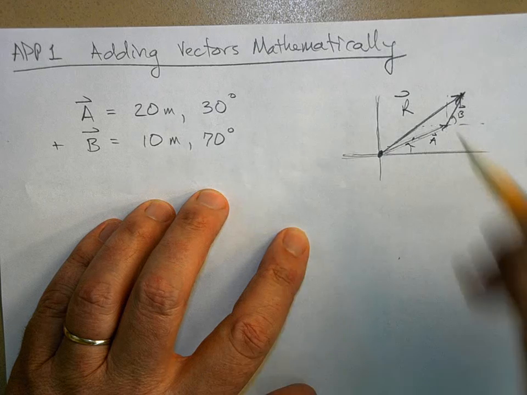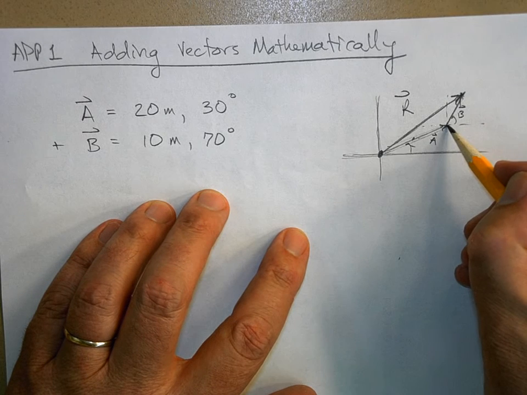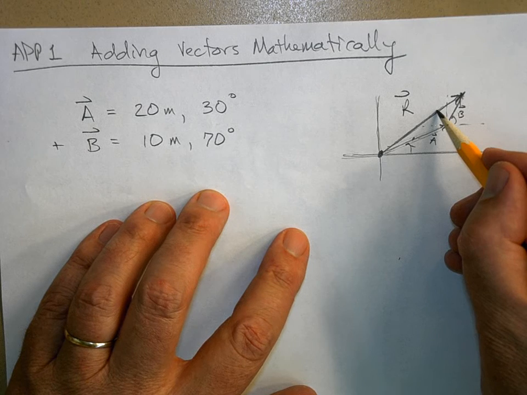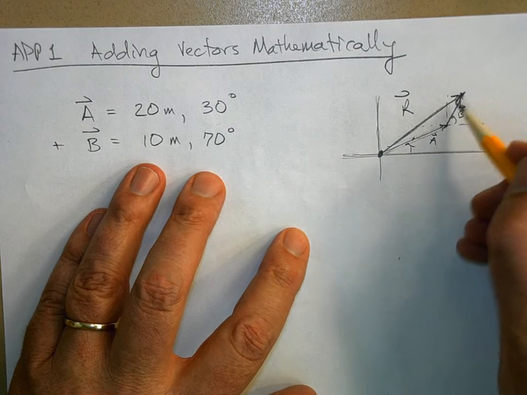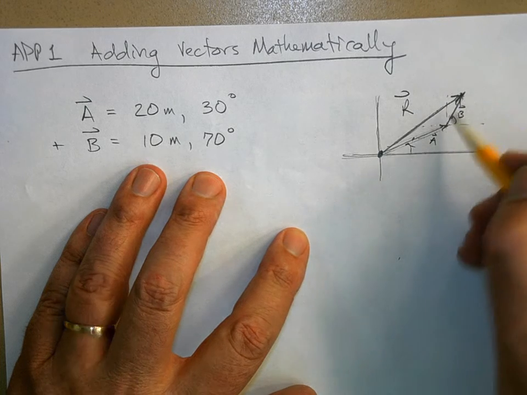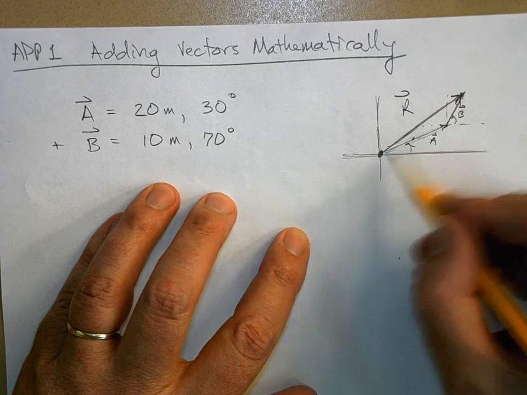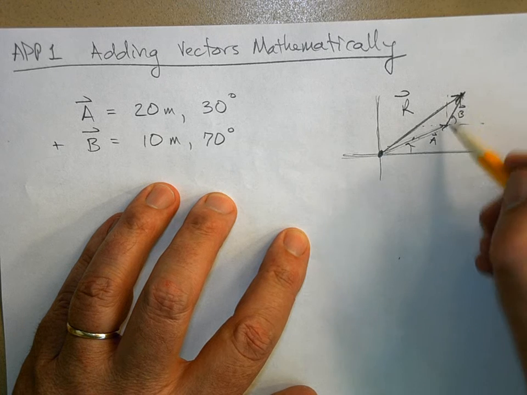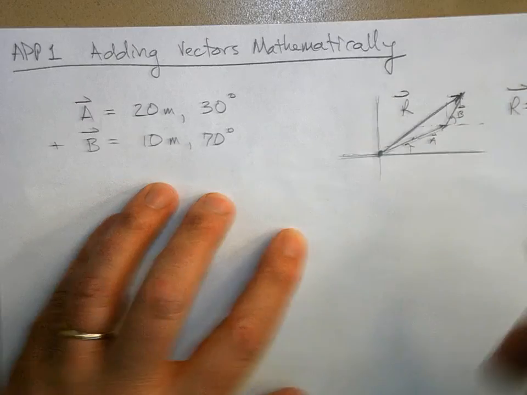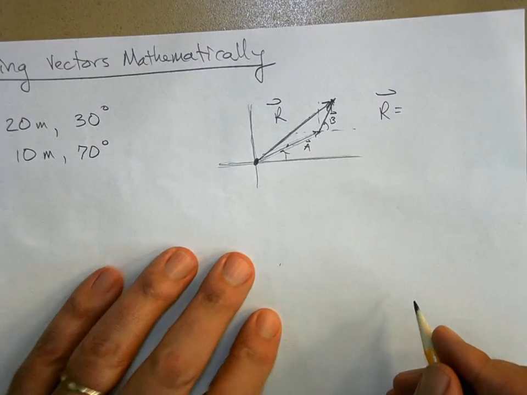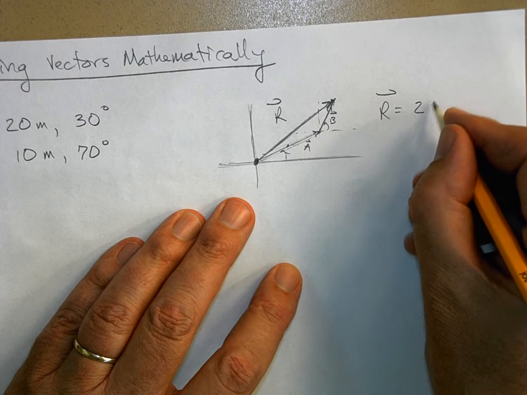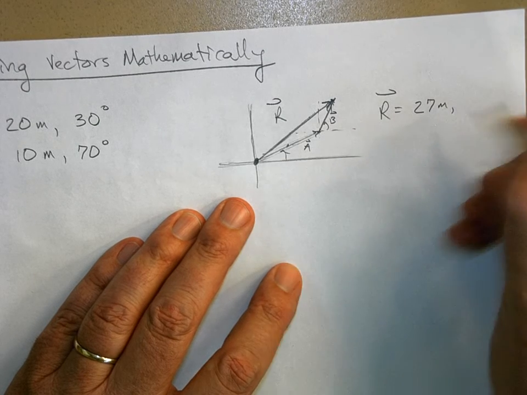I might look at it and say, okay, it's a little bit longer than 20, but it can't be greater than 30, and it's going to be a little bit less than 30, because these didn't line up. A and B have to be in a straight line in order to get to 30 meters. So just from my sketch, I'm going to guess R is equal to, let's say, 26, maybe 27 meters.